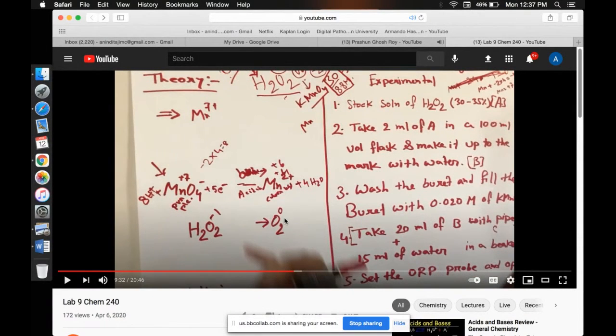Here it is releasing electrons, while the manganese is gaining electrons.